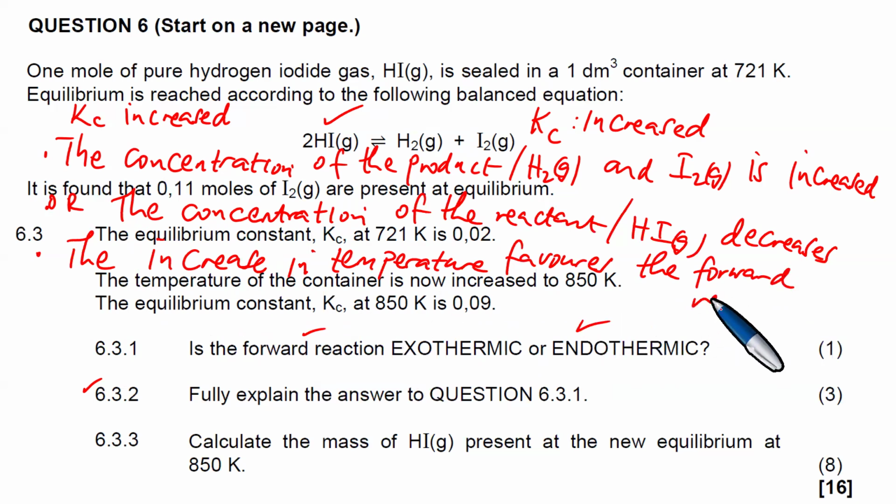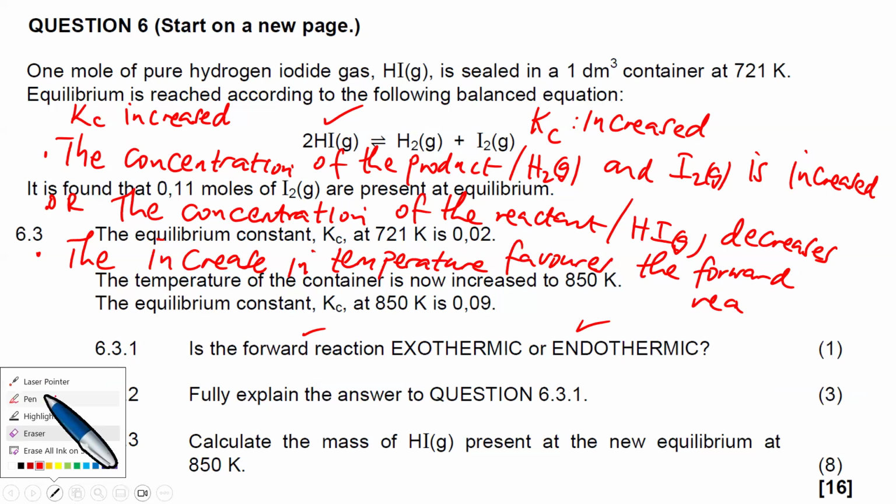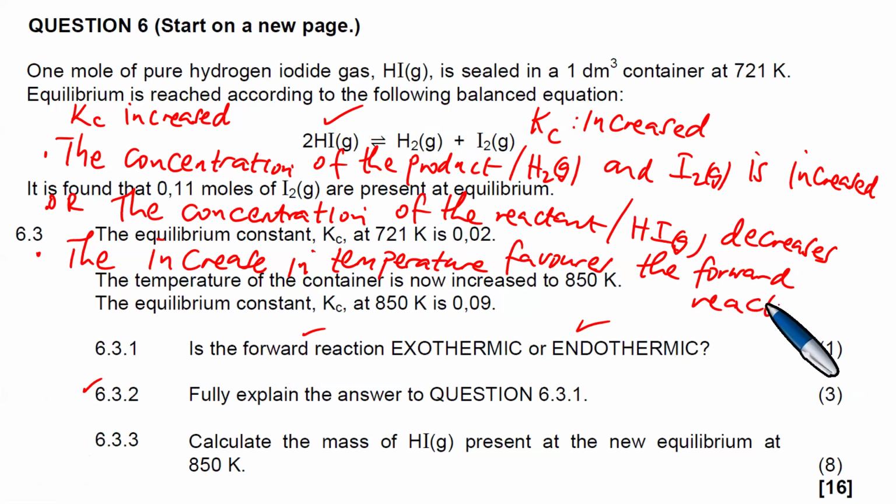We can see that the increase in temperature favors the forward reaction. Why? Because the Kc increases.